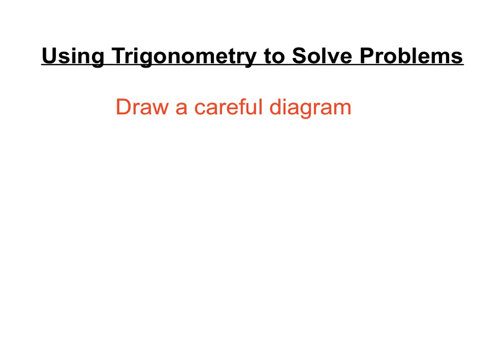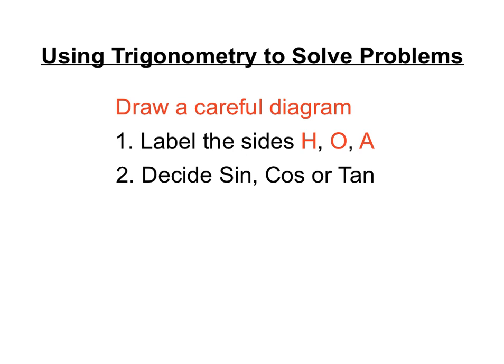So in that step, we first concentrated on drawing a really careful diagram. You have to slow yourself down and do one bit at a time when you're drawing a diagram. We then labelled the sides, hypotenuse, opposite and adjacent, to see what we're dealing with. We used that to then decide whether we're using a sine, cos or tan ratio for that particular question. Then we filled in all the numbers and made a trig equation out of that.